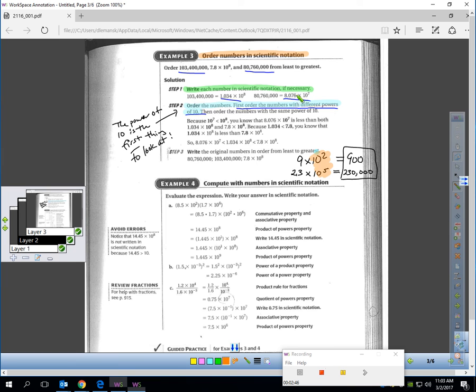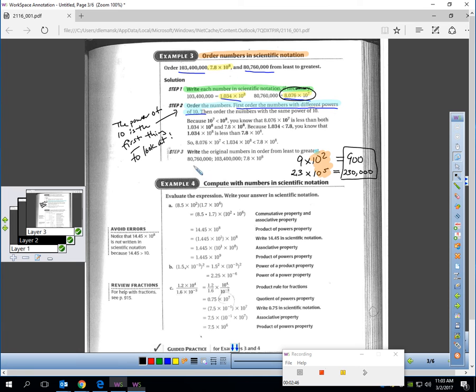Okay? So when I look at these numbers now, let me highlight them all in yellow. I want to order these numbers. Can you see how this number that I'm circling has to be the smallest because it has the smallest power of 10? This only has 7th power. These have 8th.